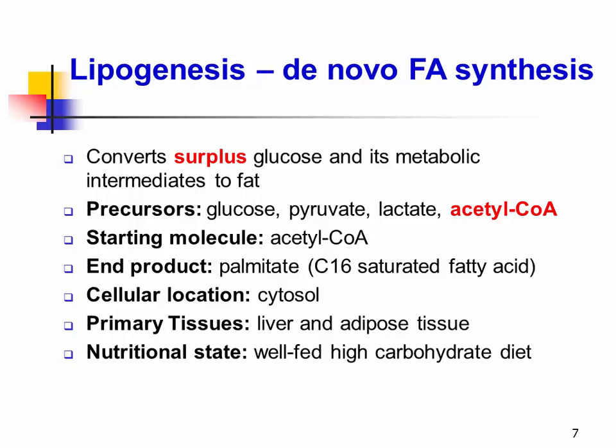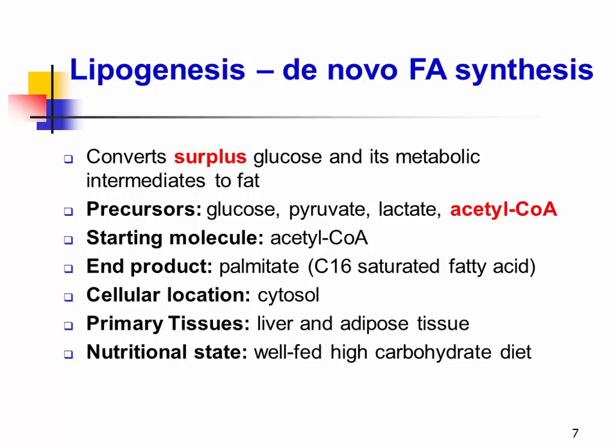We just mentioned that the lipogenesis process converts surplus glucose and its metabolic intermediates to fat. So the precursors for de novo fatty acid synthesis are glucose, pyruvate, lactate, and acetyl-CoA. Any molecules or nutrients that can be metabolized to acetyl-CoA can be converted to fatty acids.